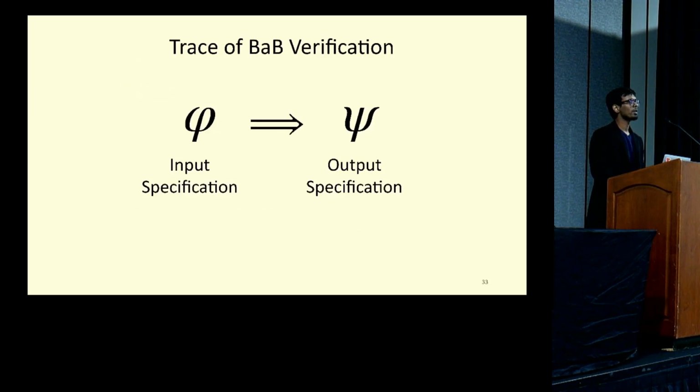For that, we'll look at the execution of BAB-based verification. Our objective is to verify this property that precondition implies postcondition. And the first step is to use the bounding step, where we use the analyzer, which is nothing but an incomplete verifier, to try to verify this property. Suppose it cannot solve this problem.